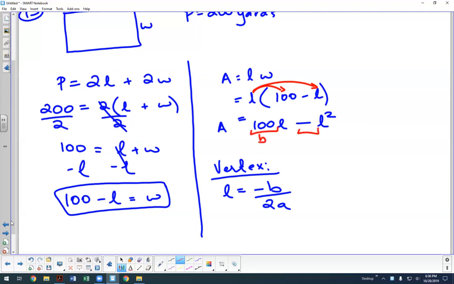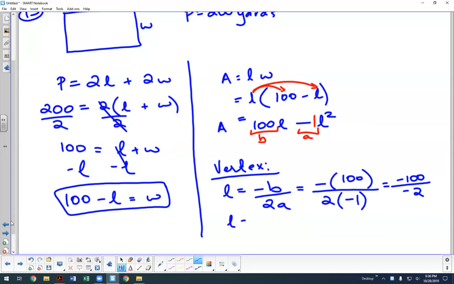And A? Yeah, because that comes from the square term, so A is going to be -1. So that's -b. B is 100, and then 2 times A is -1. -100 divided by -2. Yeah.